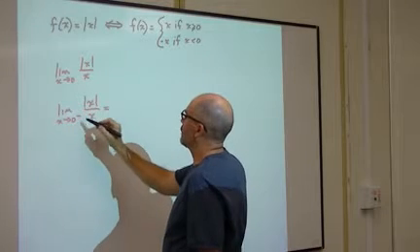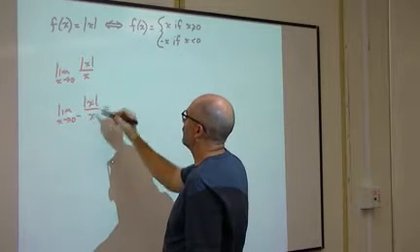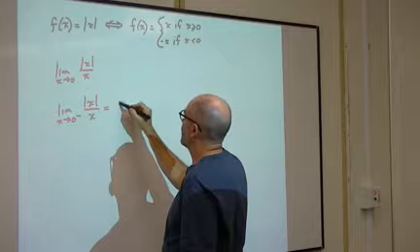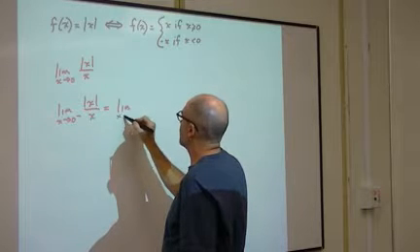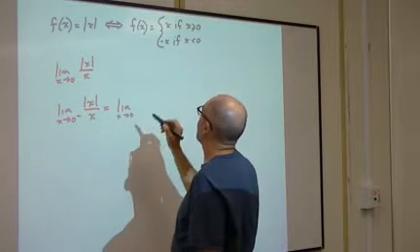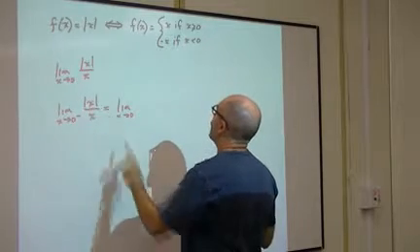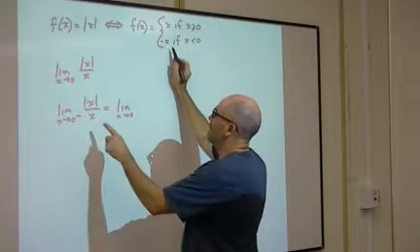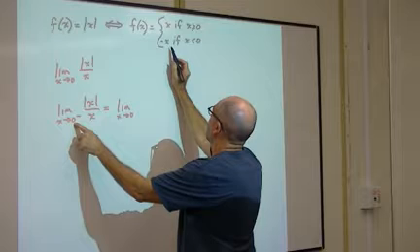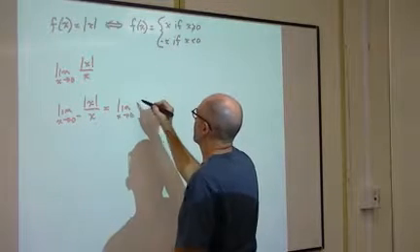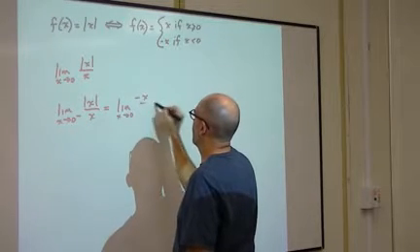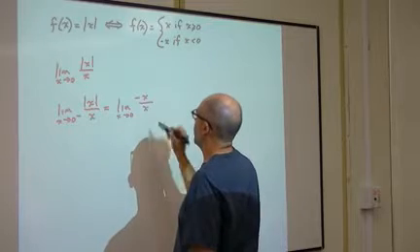So the limit as x approaches 0 from the left of this thing is going to be the limit as x approaches 0 of, okay, now, absolute value of x, when x is negative, is going to be negative x. And we just have x here.